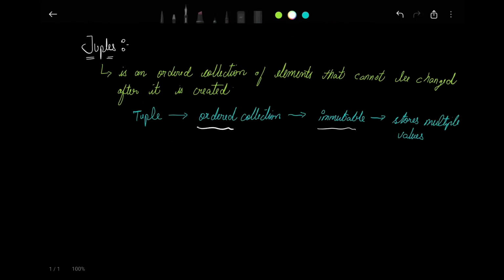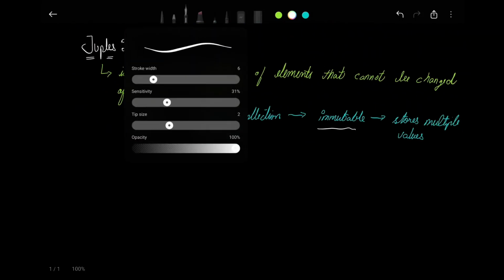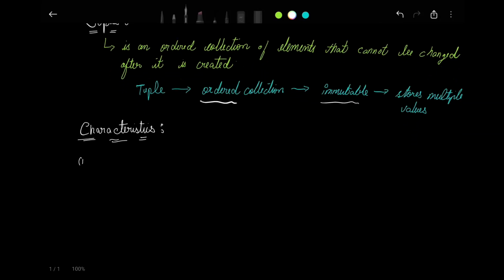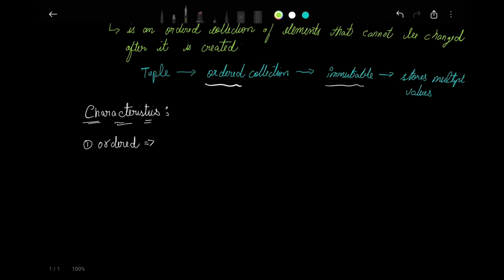Now we will closely look at the characteristics of tuple. The very first characteristic of tuple is that it is ordered. That means elements have a fixed position.